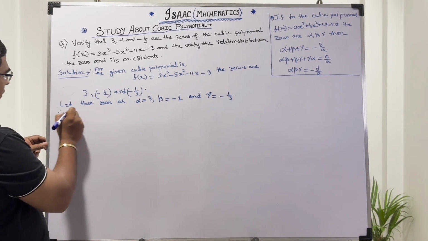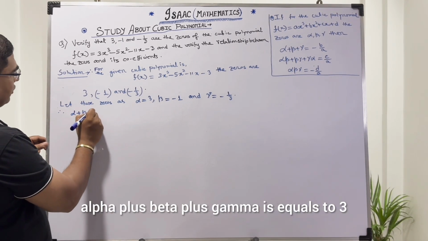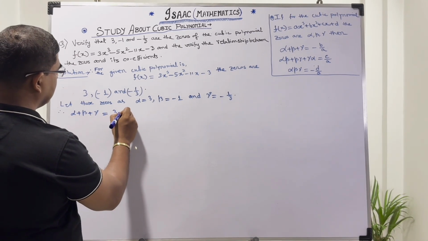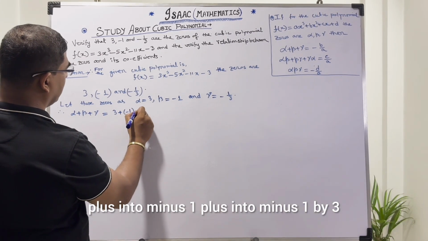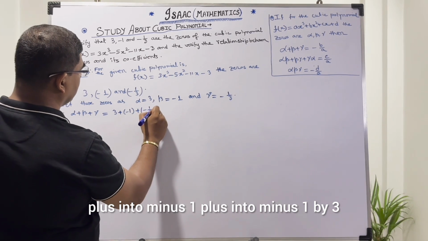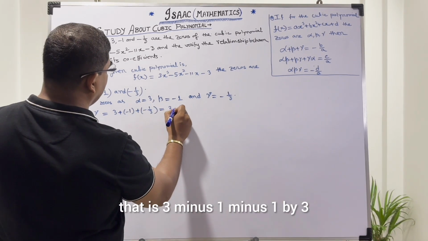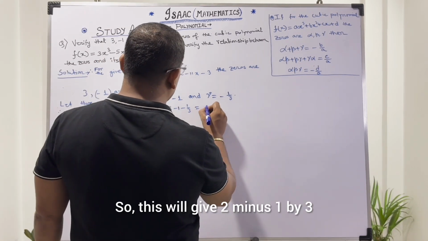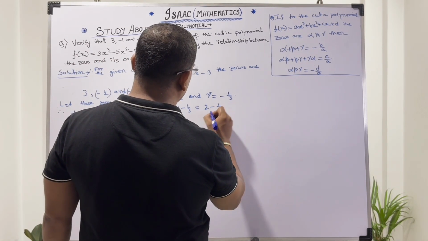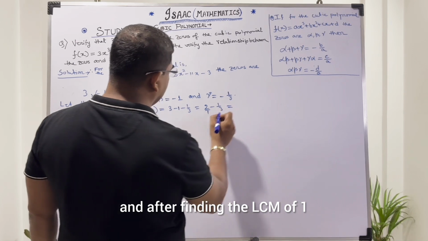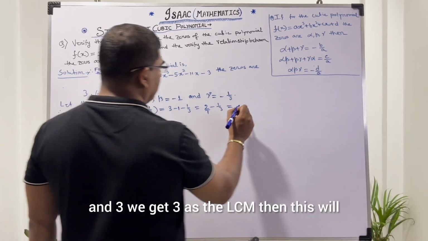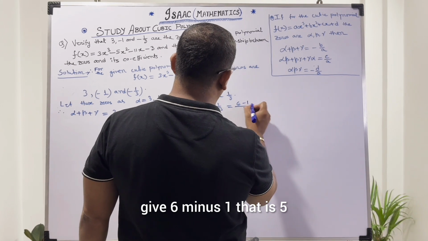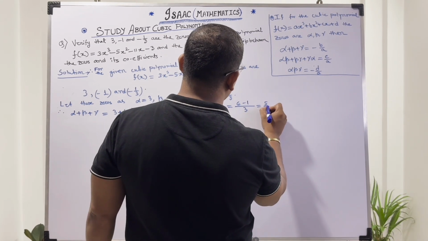So therefore, alpha plus beta plus gamma is equals to 3 plus into minus 1 plus into minus 1 by 3. That is 3 minus 1 minus 1 by 3. So this will give 2 minus 1 by 3, and after finding the LCM of 1 and 3, we get 3 as the LCM. Then this will give 6 minus 1, that is 5 by 3.